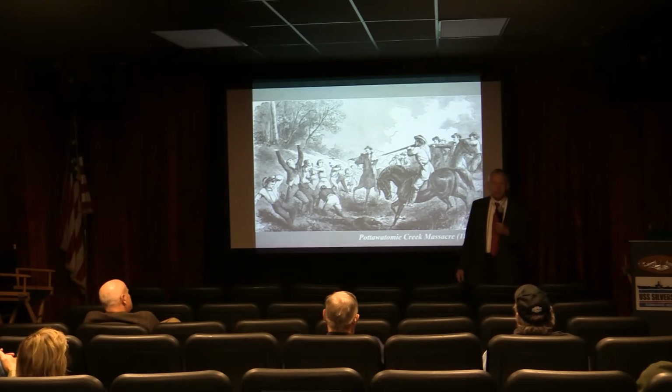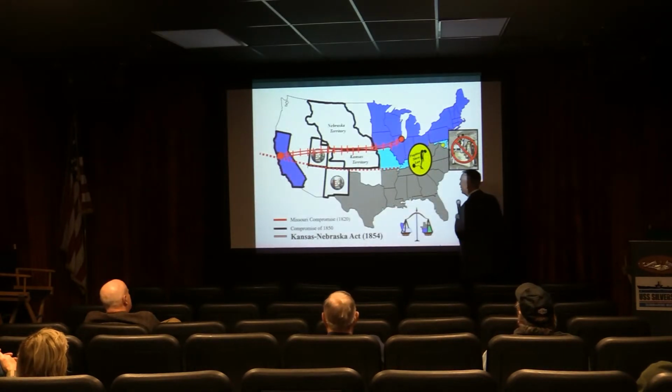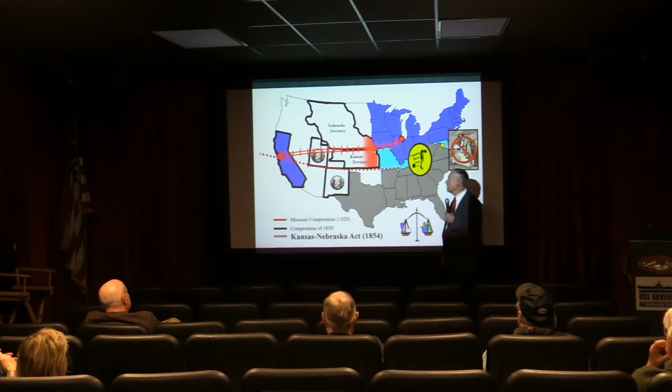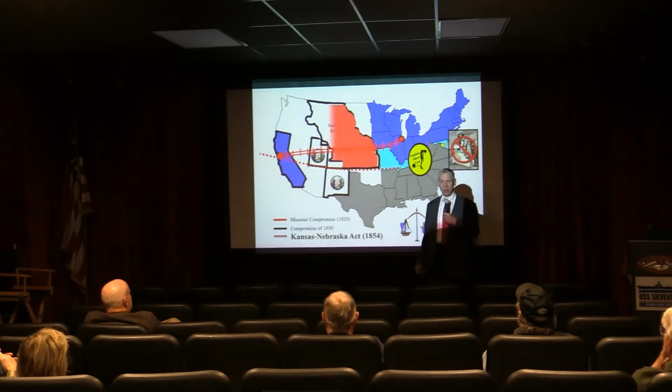If you've seen Outlaw Josie Wales, you get an idea of the brutality of the people and the sheer, anything goes. Kansas and Nebraska soon became known by a new name, Bloody Kansas.